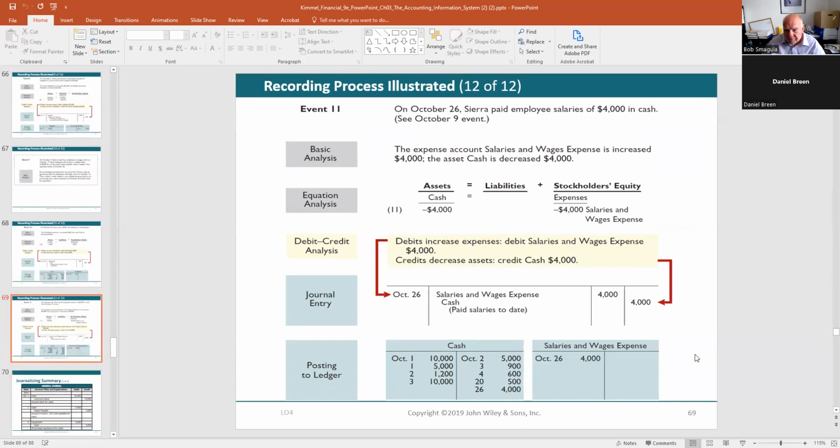Sierra paid some salaries, $4,000. We debit the expense because expenses have a normal debit balance, and we credit the cash to reduce the cash because cash also has a normal debit balance.